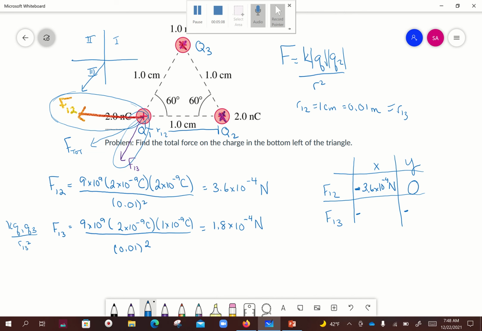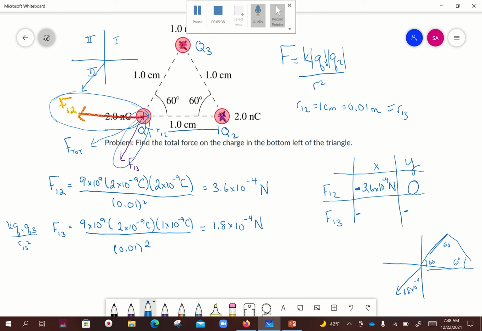So let me go ahead and draw a picture of what's going on. Here's the vector. I know its length: 1.8 times 10 to the minus 4. I need to find the components, so I need to know what the angles are. Remember, what I have here is an equilateral triangle, so I've got 60 degrees, 60 degrees, and 60 degrees.